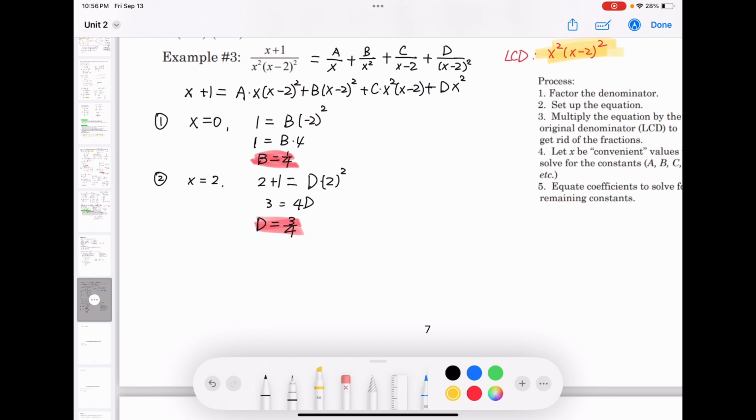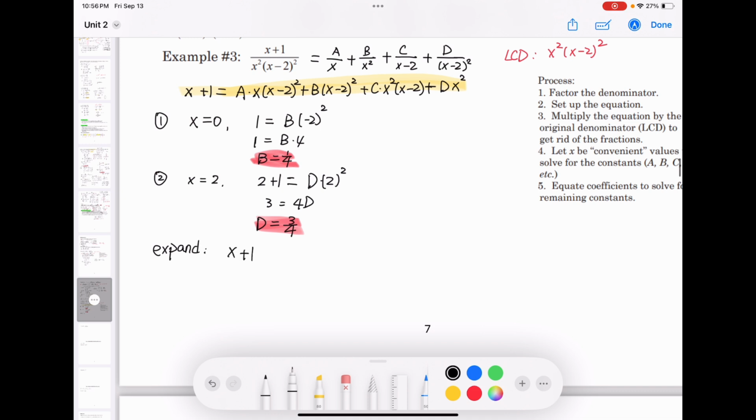Now we will do the fifth step, equate the coefficients to solve the remaining constants. So how to equate? Come back to our equation here. We need to expand our right-hand side. Let's expand. This is step 5.